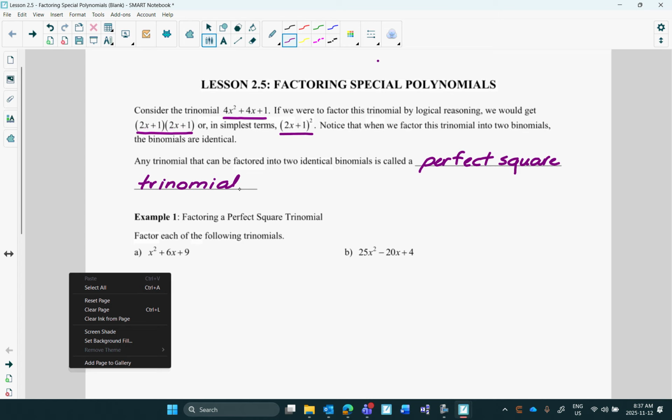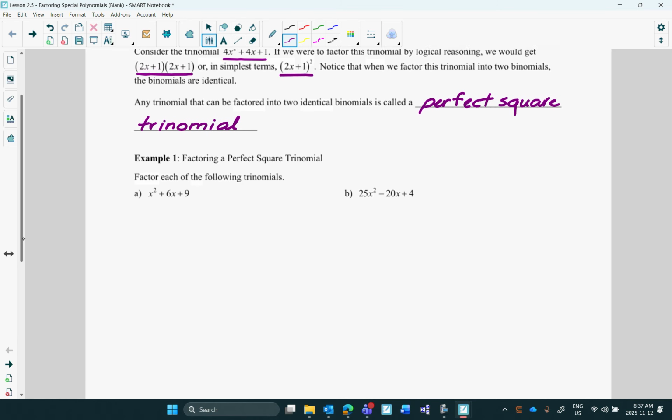Well, algebraic expressions can also be perfect squares. So 4x squared plus 4x plus 1 is a perfect square because it can be written as 2x plus 1 times itself. We're going to talk more about these next year, but I want you to get used to writing it like this whenever you encounter one of these. So let's look at a couple of examples.